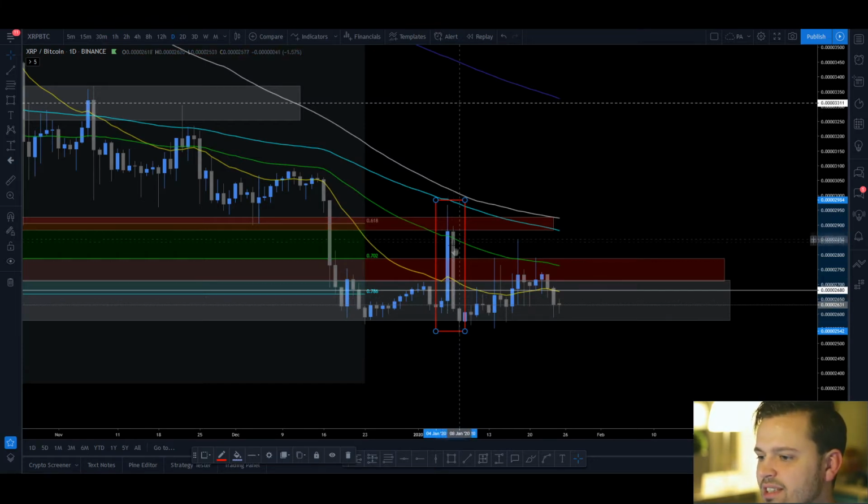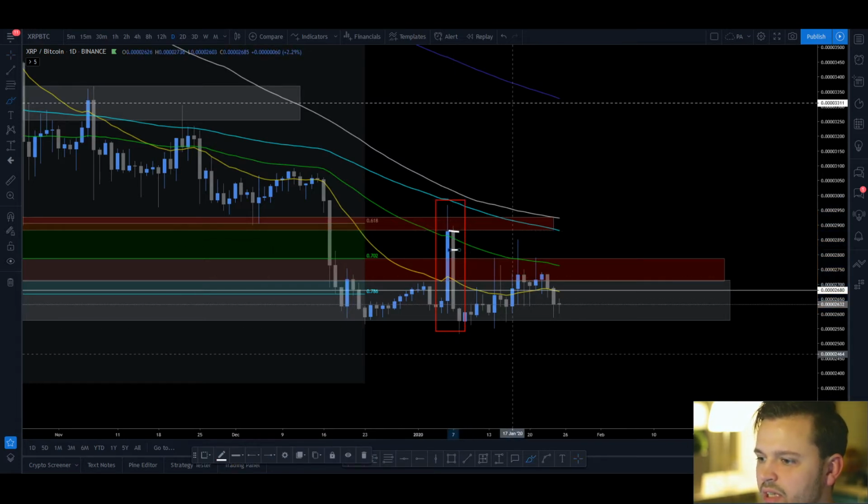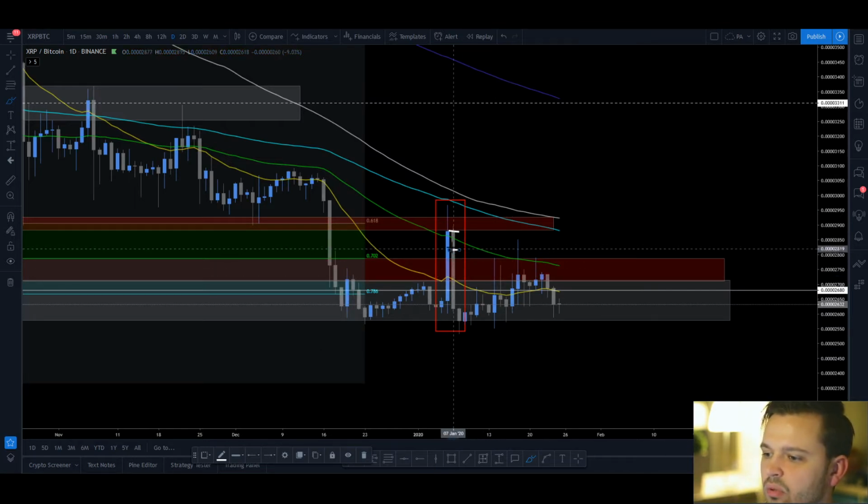So this is a textbook fake out. If you wait, for example, let's say this candle opens here and it would have closed here, that would have been a daily open and close above, and that would, in my book, confirm a breakout.